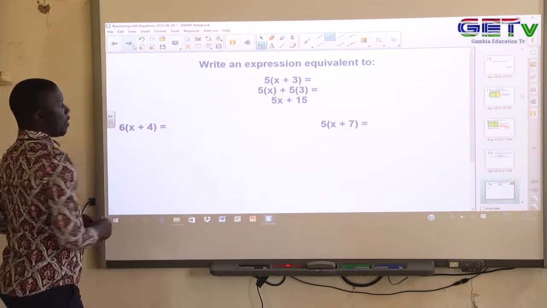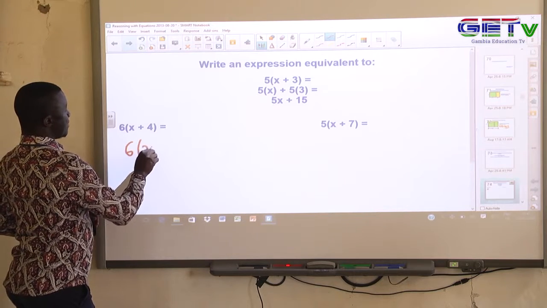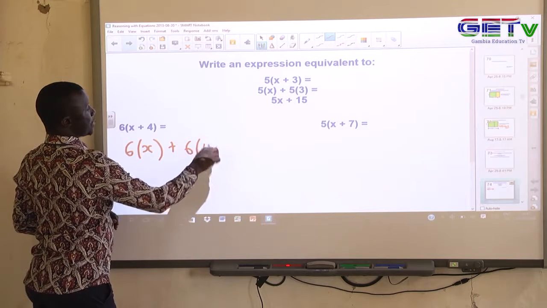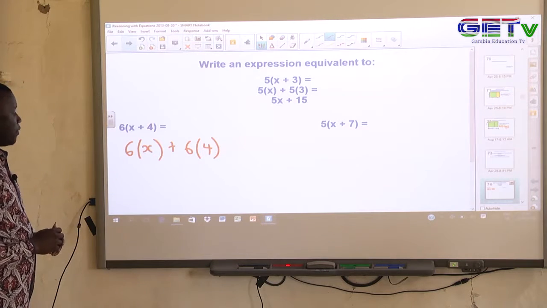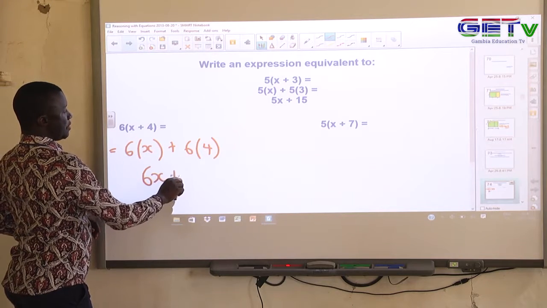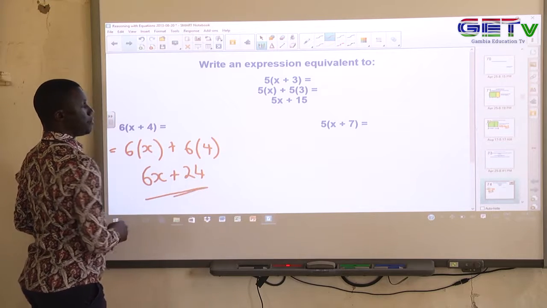So obviously we will do that here by saying 6 times x plus 6 times 4. We can further simplify by saying 6 times x is 6x plus 6 times 4 is 24.